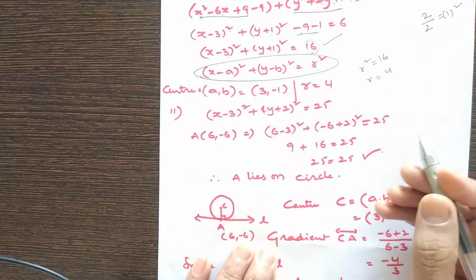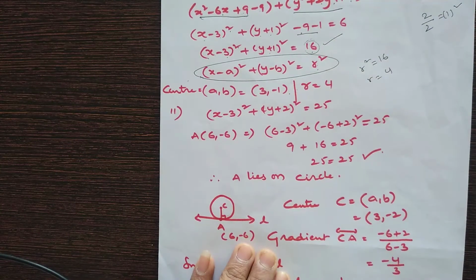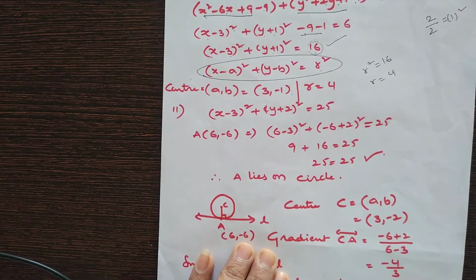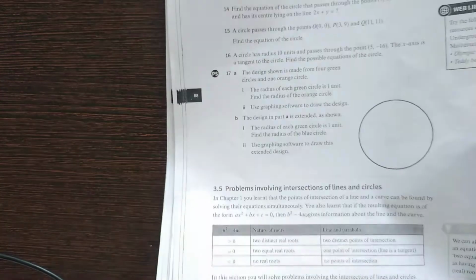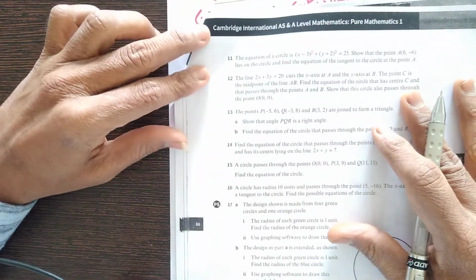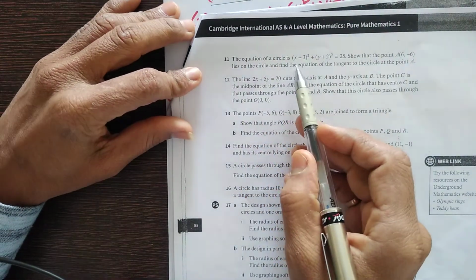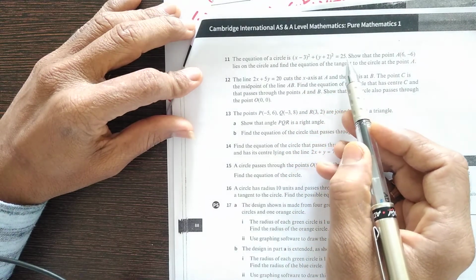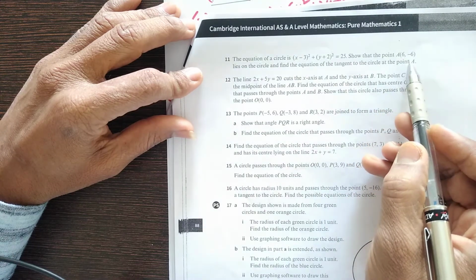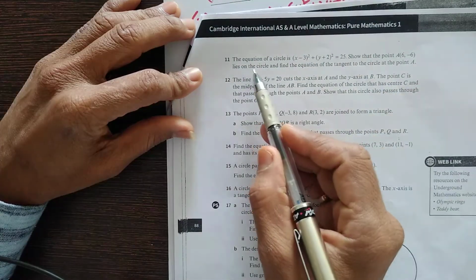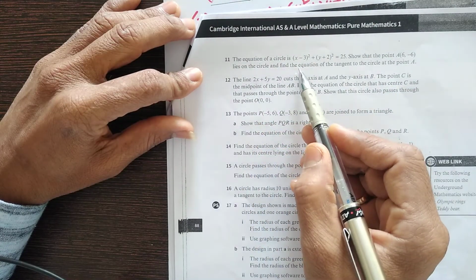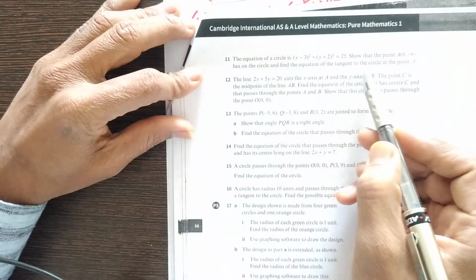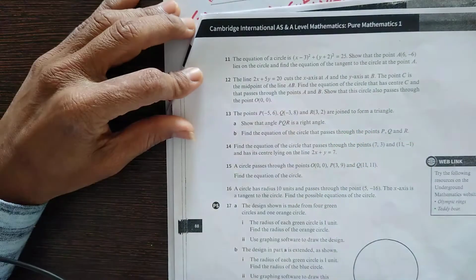Okay. Now next, the 11th question. The equation of the circle is (x minus 3) whole square plus (y plus 2) whole square is equal to 25. Show that the point A (6, minus 6) lies on the circle, and find the equation of the tangent to the circle at the point.